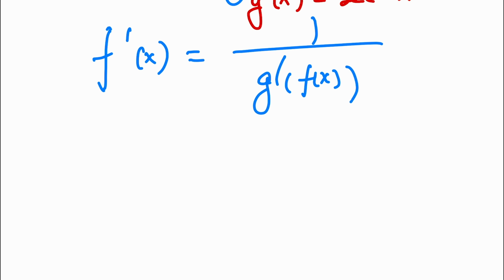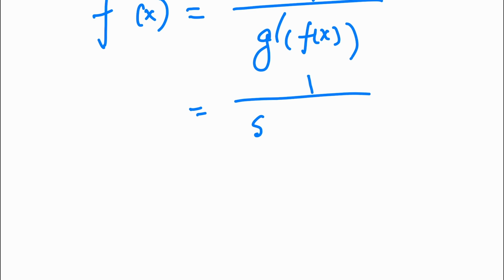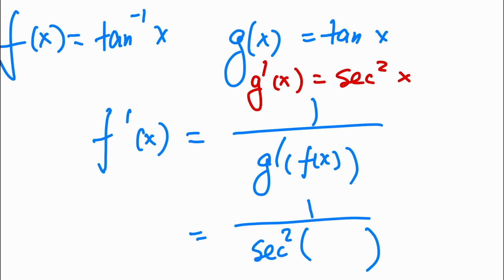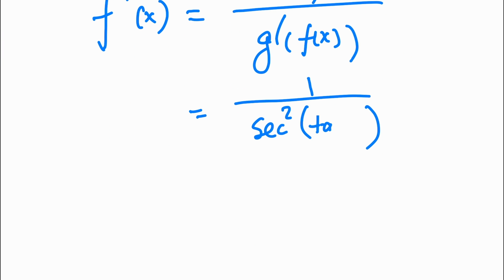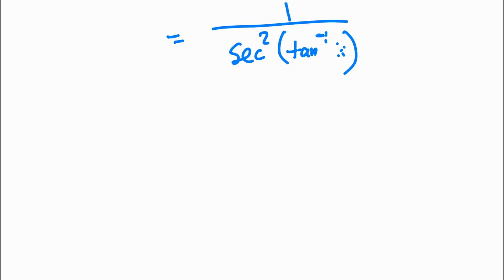And over here, we can write this as 1 over secant squared of this f of x, which is just tangent to the negative 1 of x. So like this.